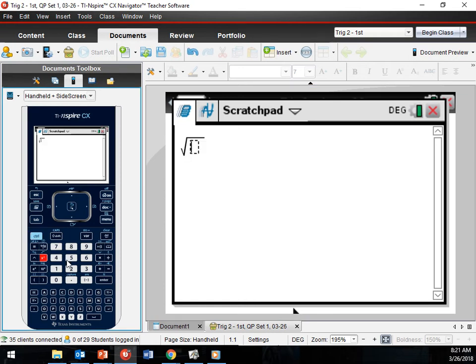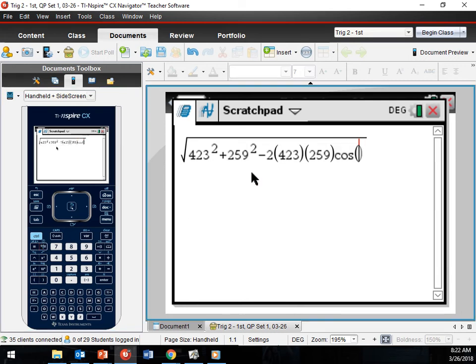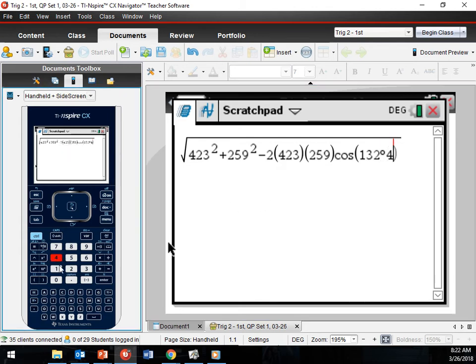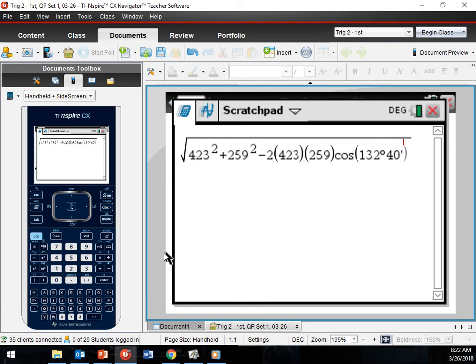Yes, 423 squared plus 259 minus 2 times 423 times 259. What? Cosine 132 degrees 40 minutes.